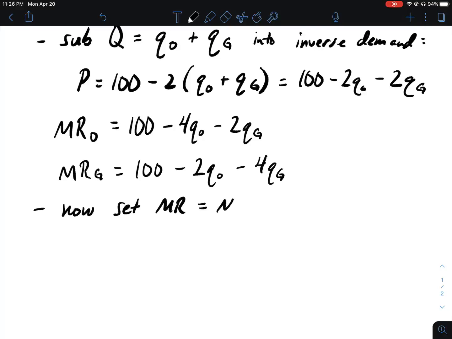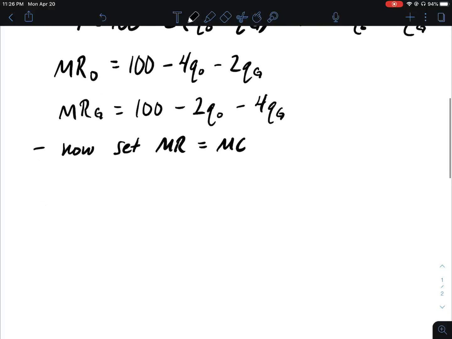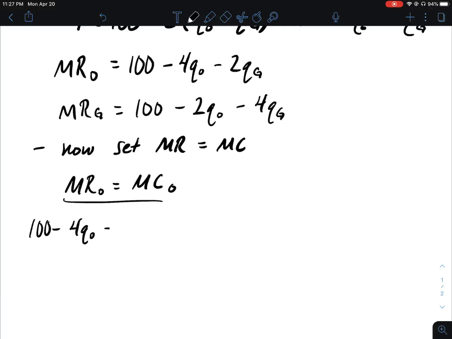Now, for both of the firms, set marginal revenue equal to marginal cost, our sort of golden equation. So marginal revenue for O is equal to marginal cost for O. Both firms have different marginal cost functions. It's important to remember that here. So we have 100 minus 4 QO minus 2 QG. Set that equal to 12.